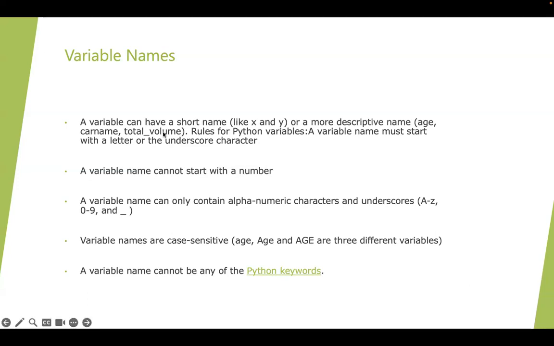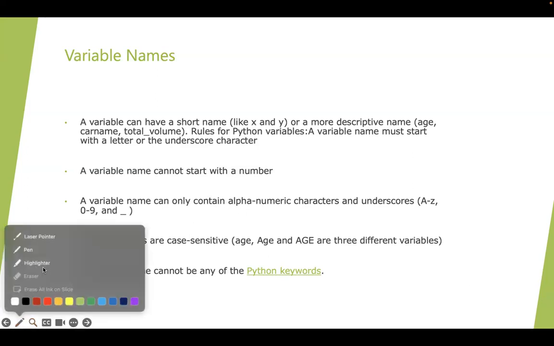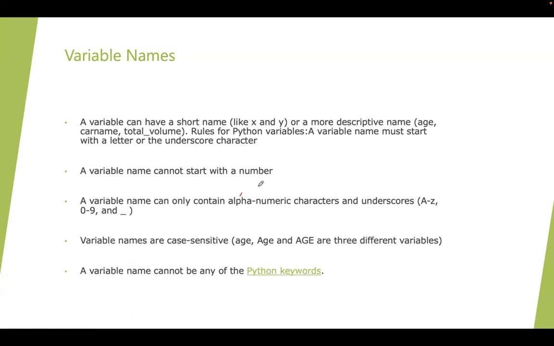So when you say alphanumerical in programming, you're talking about alphabet, A to Z, and numerical numbers from 0 to 9, and underscores.